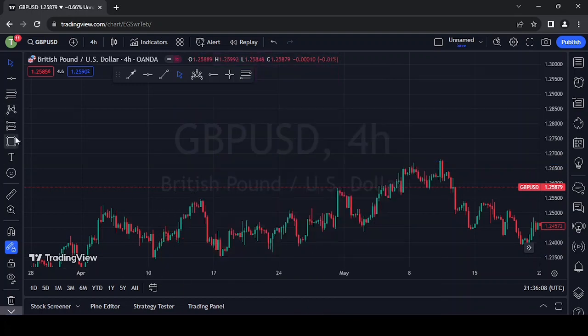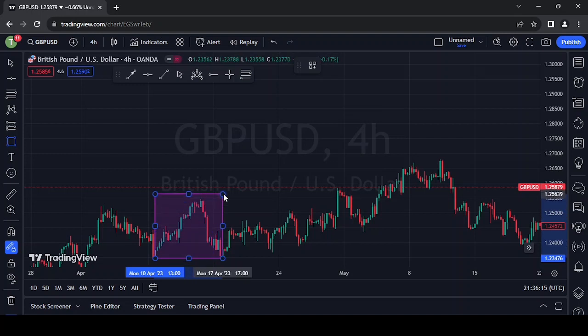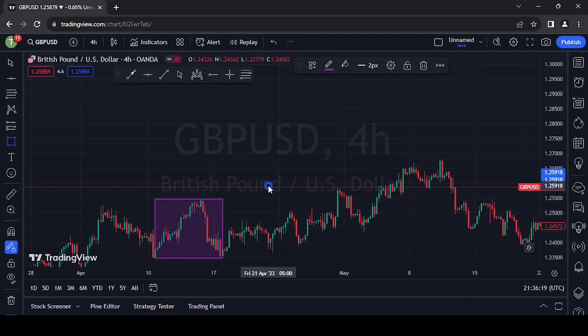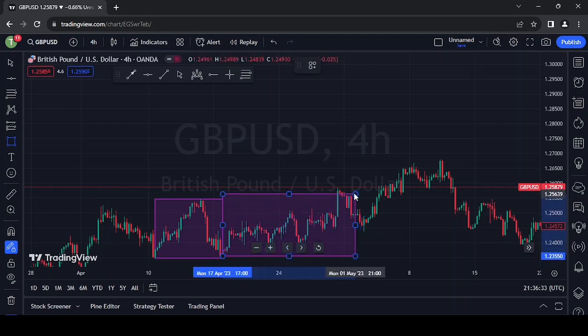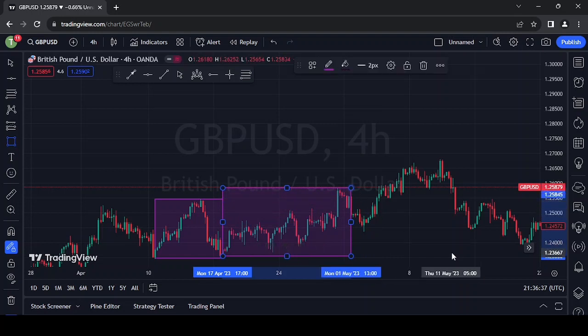Let me use the rectangle to explain that one more time. Can you see the box? That is from this low to this high. That's the first move. Now see the second move, from this low to this high, where you have the breakout. Is it interesting now?